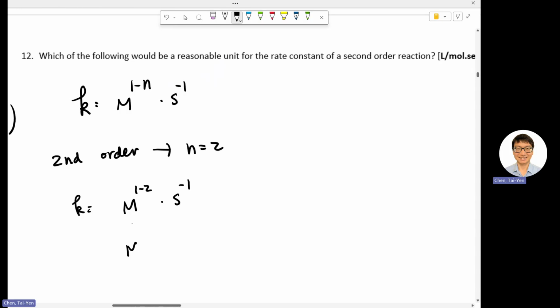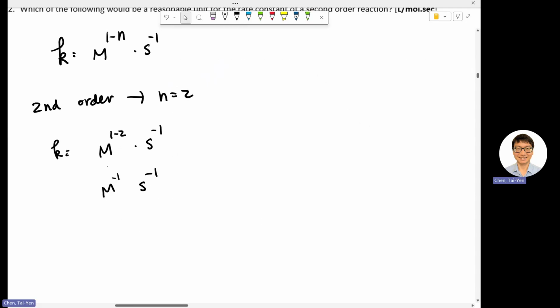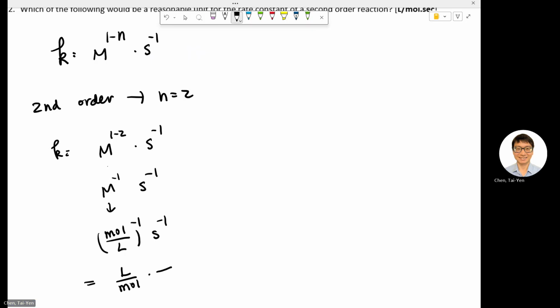They will give you M^(n-1)... s^-1. They don't use molarity, they use moles and liters, so it will be moles per liter to the -1, s^-1, which gives liter per mole per second. That will be the unit. Make sure you know how to do this operation.